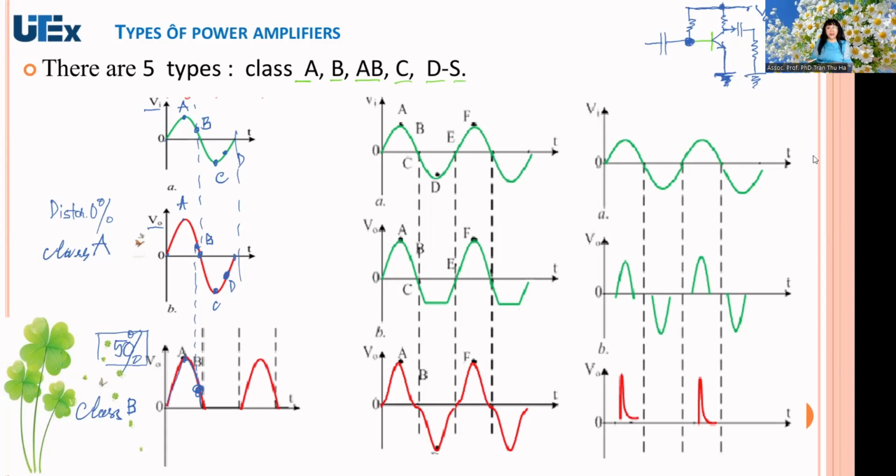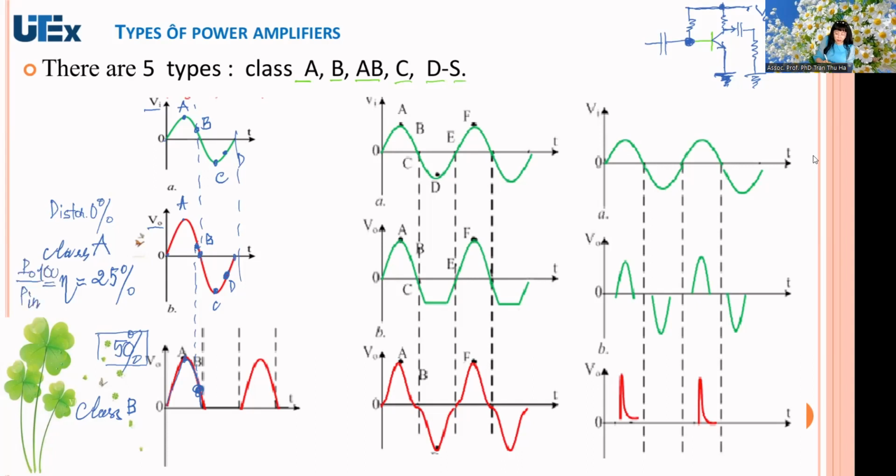And if you know, we have the full, but the efficiency is only 25%. You know, efficiency is P out divided by P in.